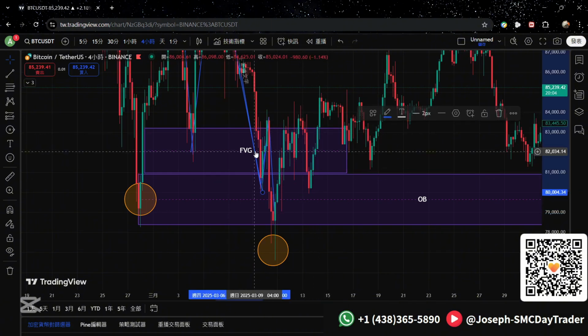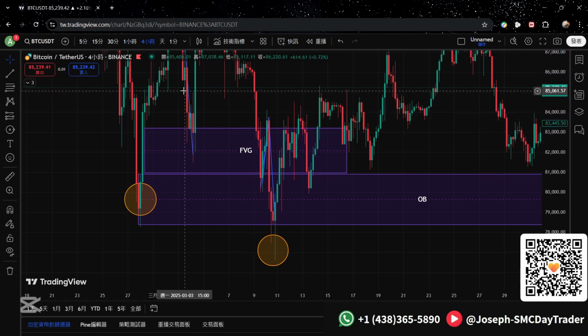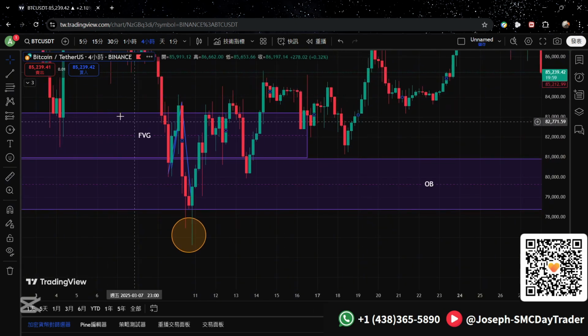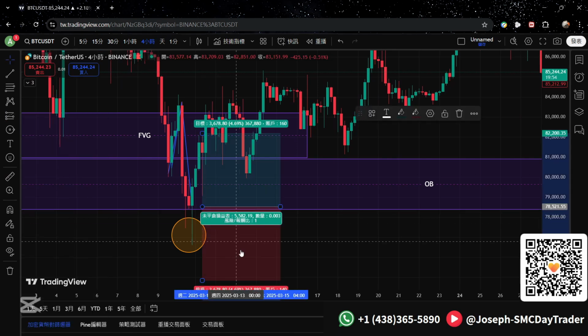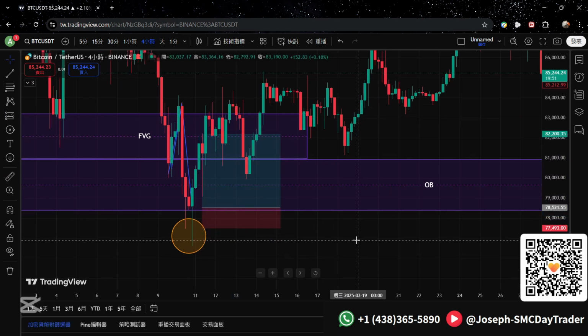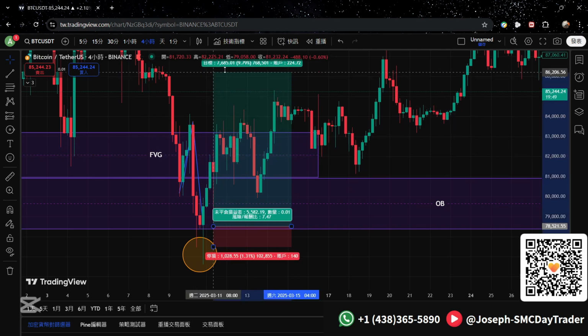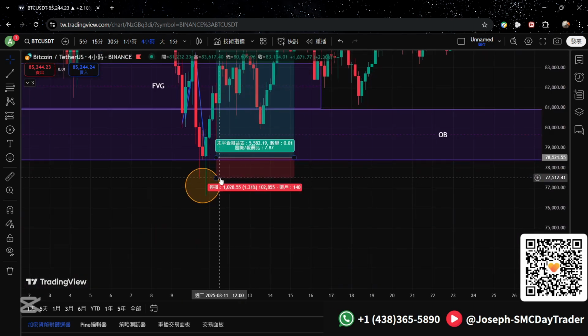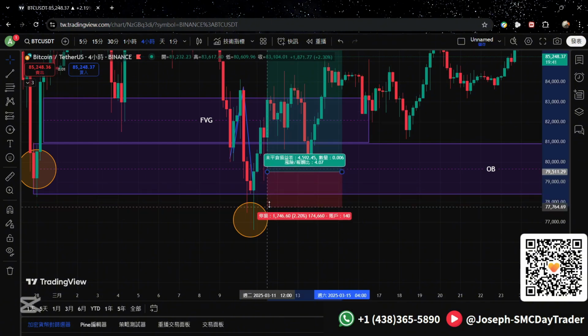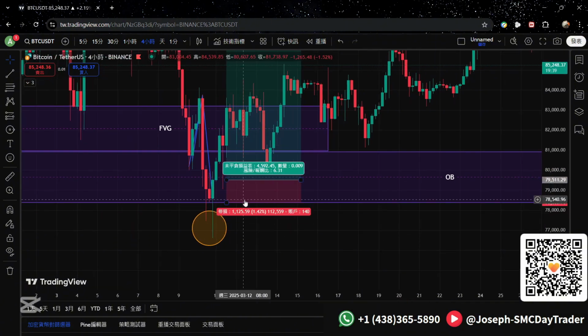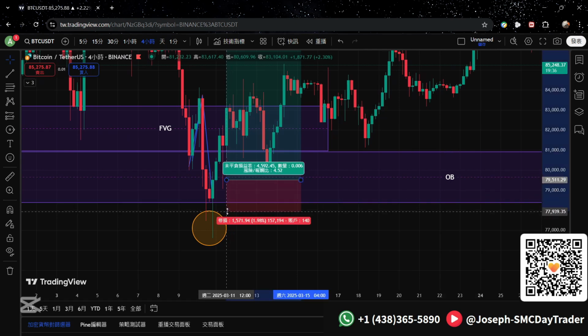When you get into an order, when you get into the market, it's not always the case, but if it's possible, we're always considering putting our stop loss around, depending on where you enter, just at the end of the order block, or giving it a little bit of space here.